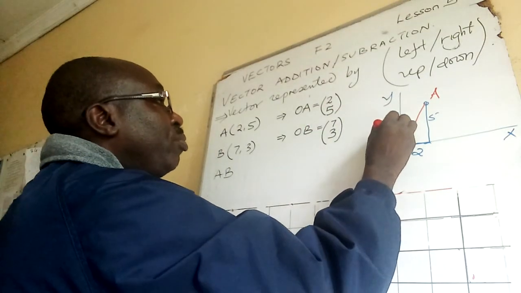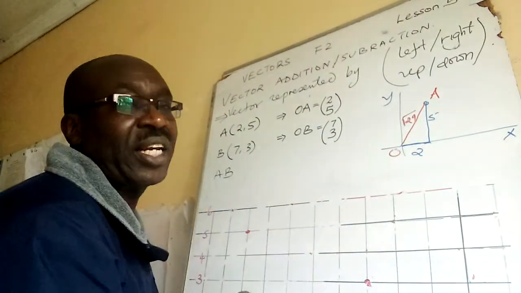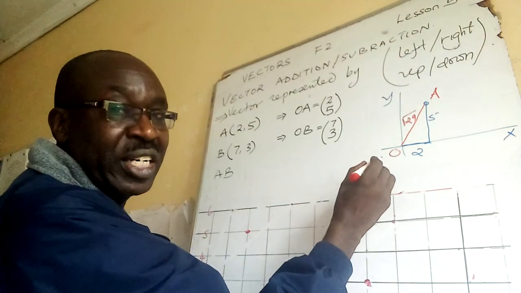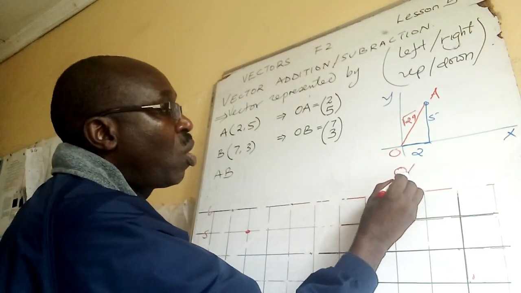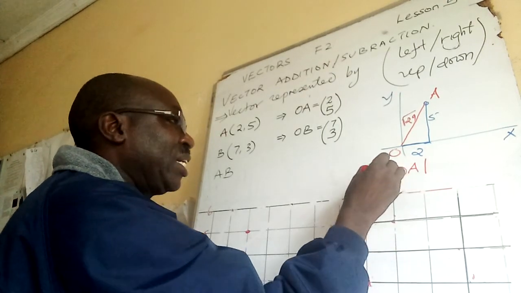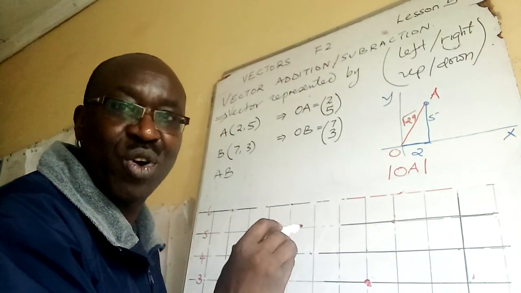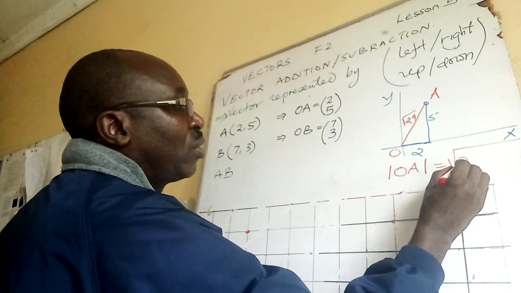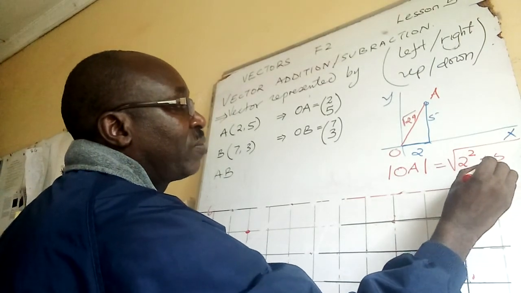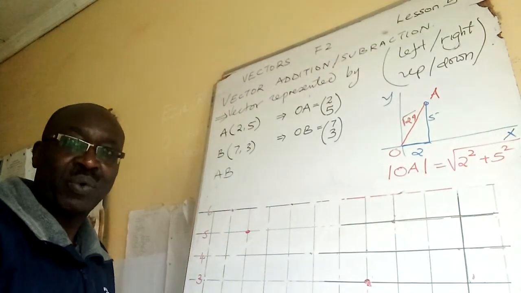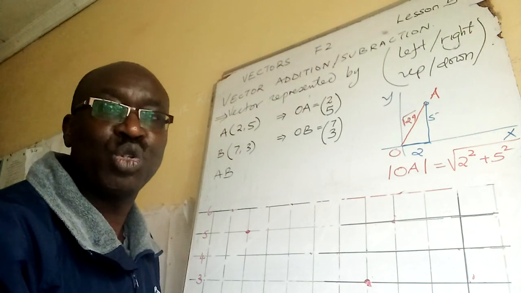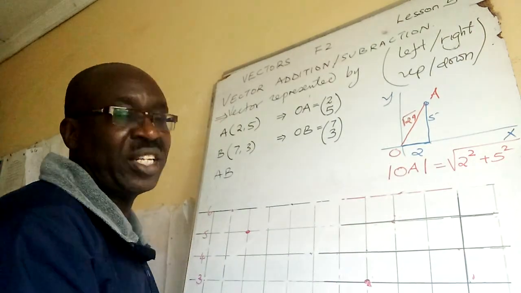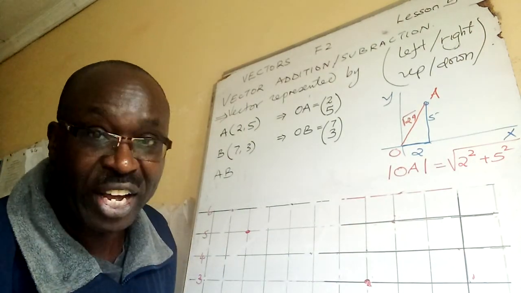Therefore, this would be the square root of 29. How will it be written? We will write the magnitude of OA, the size of OA. Then the answer would be the square root of 2 squared plus 5 squared. Where do they come from? From those movements you made on the Cartesian plane. That's how we get this. I hope you're okay now.